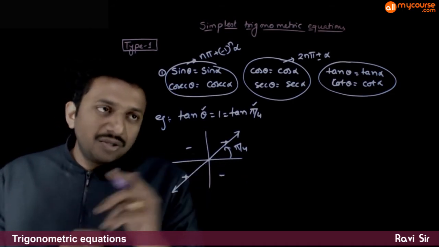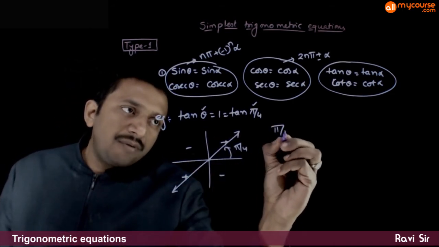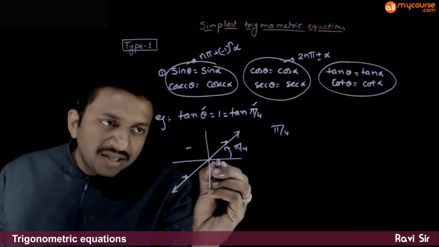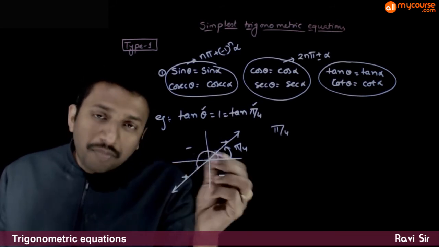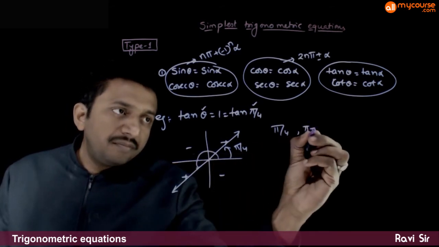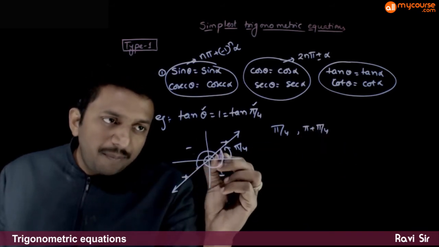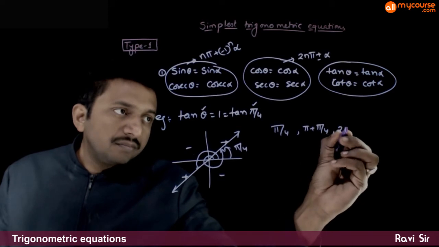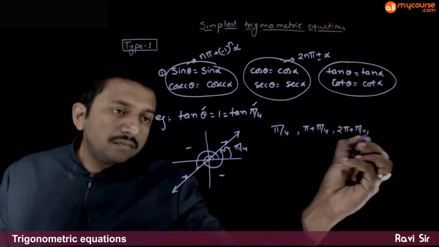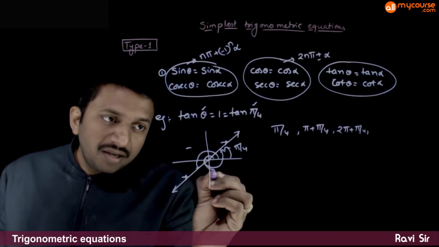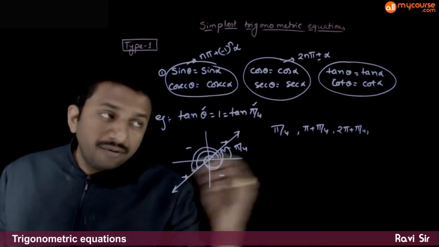So how can I write these solutions? First solution is pi by 4. The next solution is 180 plus pi by 4, that is pi plus pi by 4. The next solution is 2 pi plus pi by 4. The next solution is 3 pi plus pi by 4.